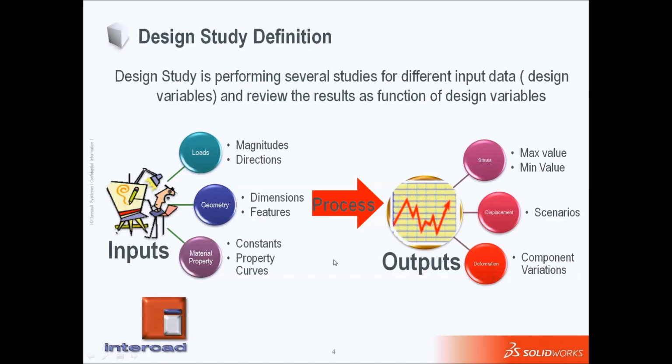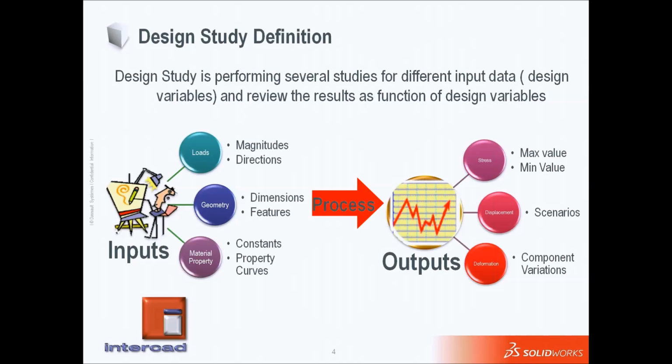Let's start with the design study definition. Design study is performing several studies for different input data, which we call design variables, and then reviewing the result as a function of design variables. These inputs could be loads, where we can vary their magnitudes and directions.